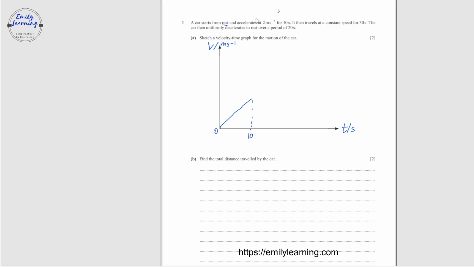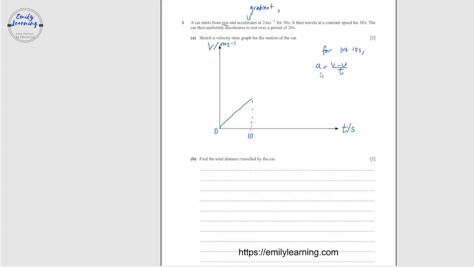Okay, so we know that in a velocity time graph, acceleration is equal to the gradient. So I know that for the first 10 seconds, V minus U over T equals A, right?